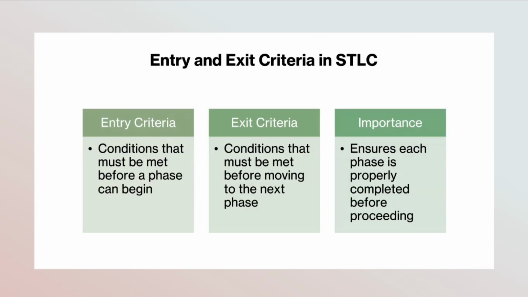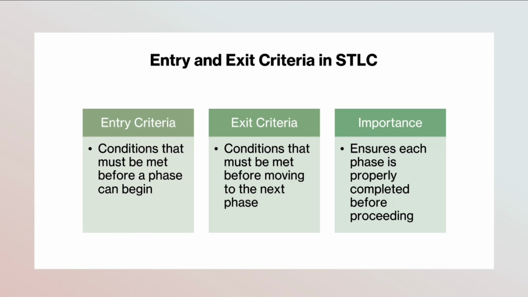Now here are some entry and exit criteria in STLC. Entry criteria means some conditions that should be met before the STLC process begins, like a predefined scope should be there. Before starting the STLC process, we have to check whether those conditions are fulfilled or not.